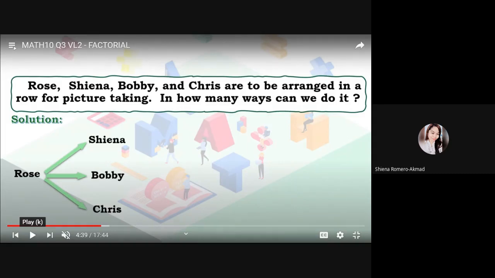So remember, in the first position, since there are 4 persons here at sila i-arrange in a row, ibig sabihin, meron tayong 4 na pwesto na kung saan natin sila ilulugar, isa-isa.